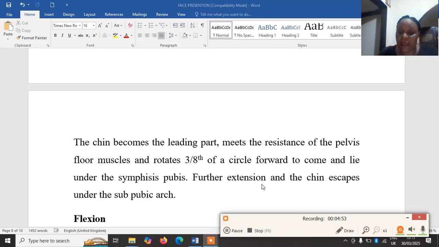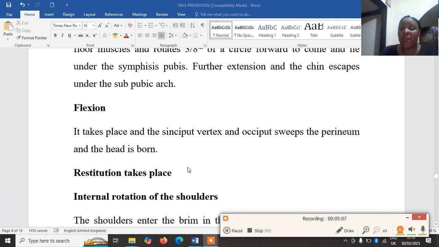And due to further extension, the chin will escape under the subpubic arch, by the method of extension. More extension, the chin will escape. And then we shall continue with our normal mechanism, whereby we shall have flexion, and then restitution will take place.